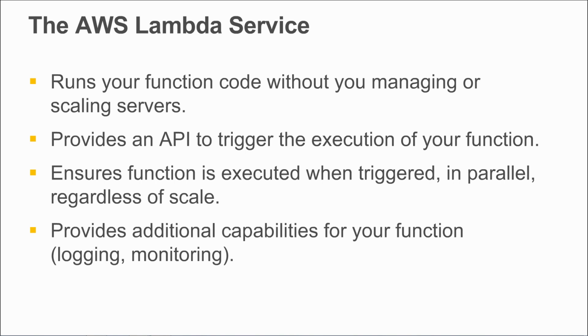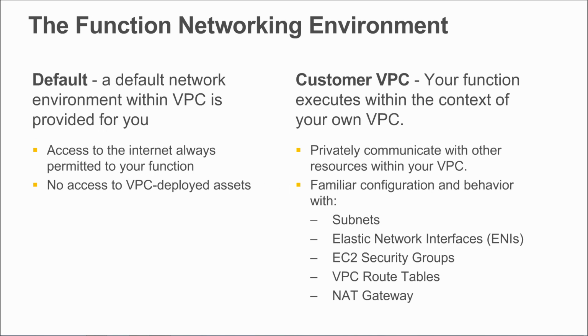And finally, we also provide a couple other capabilities that you can leverage from within your code and as part of your operations to do things like logging within your code and have those logs be automatically streamed to CloudWatch logs, and a lot of monitoring capabilities on how your function's performing, when it's being invoked, the time it's taking for execution, those types of things.